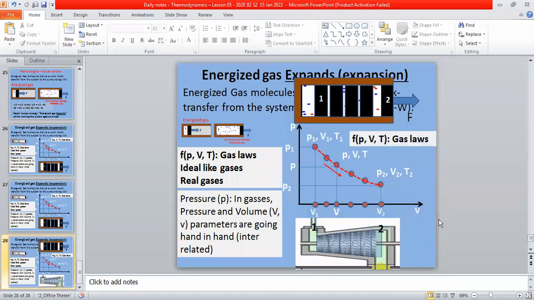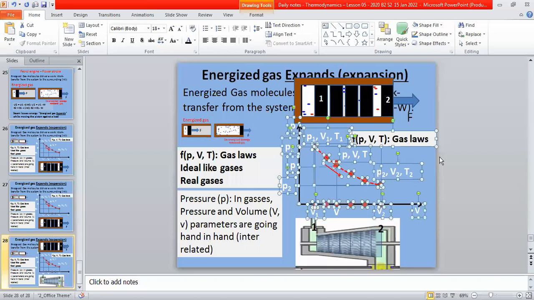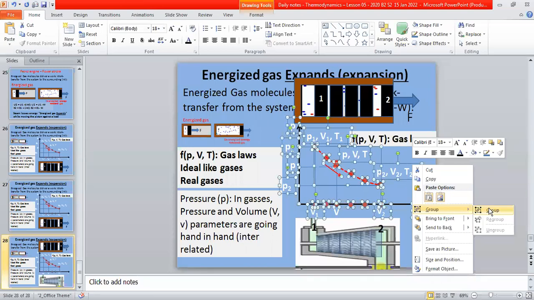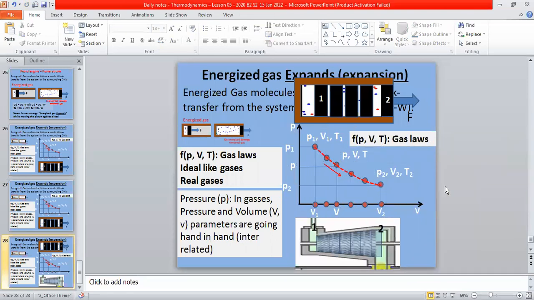Let me group this. Interesting. Okay. So again, it's the same. But when you evaluate the work done in the piston cylinder systems and in the turbine systems, it is different.